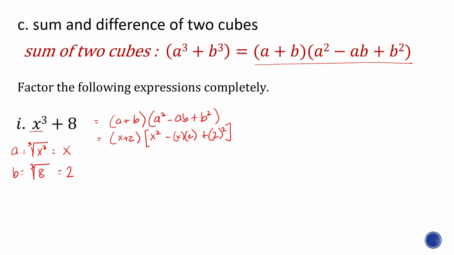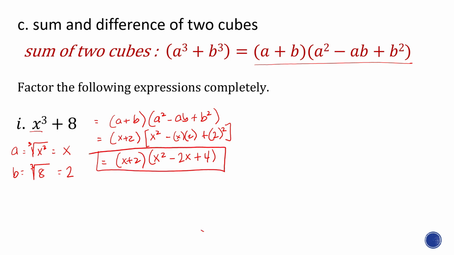All right, and then let's simplify that. That is going to be x plus 2 times x squared minus 2x plus 4. All right, so it involves only two steps, and the first one is simply substitution. Obviously, before that, you need to find a and b by looking for the cube root of each term.